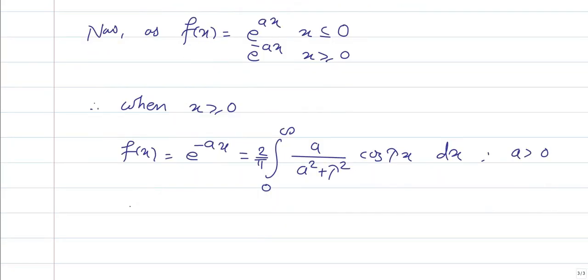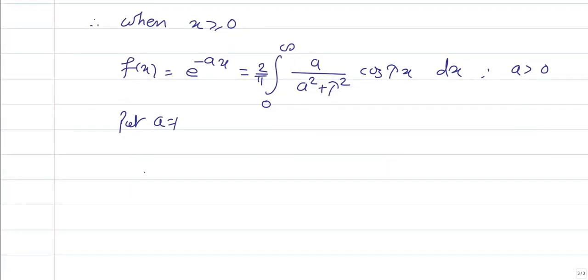So now put a is equal to 1, then we get the required equality, which is 2 by pi integration from 0 to infinity cos of lambda x upon 1 plus lambda square d lambda. Okay, all right.